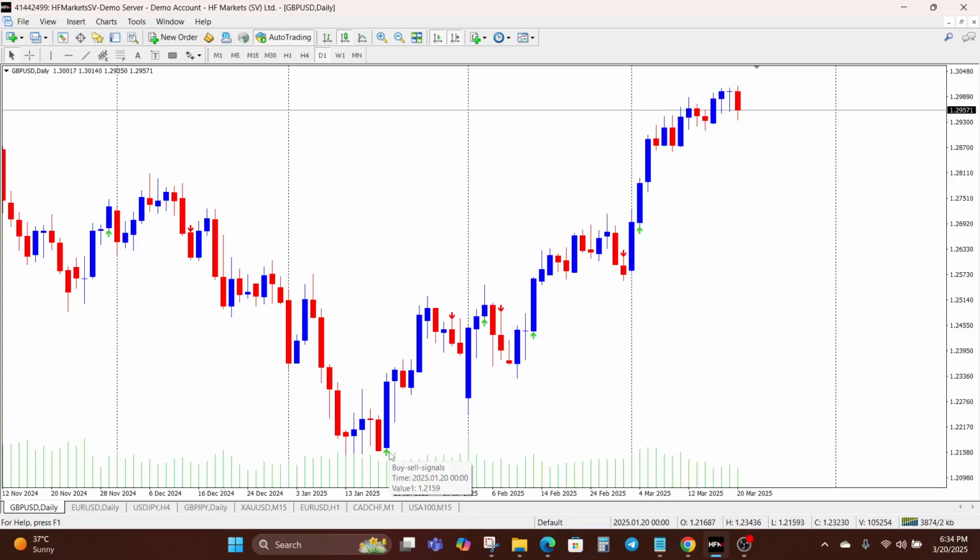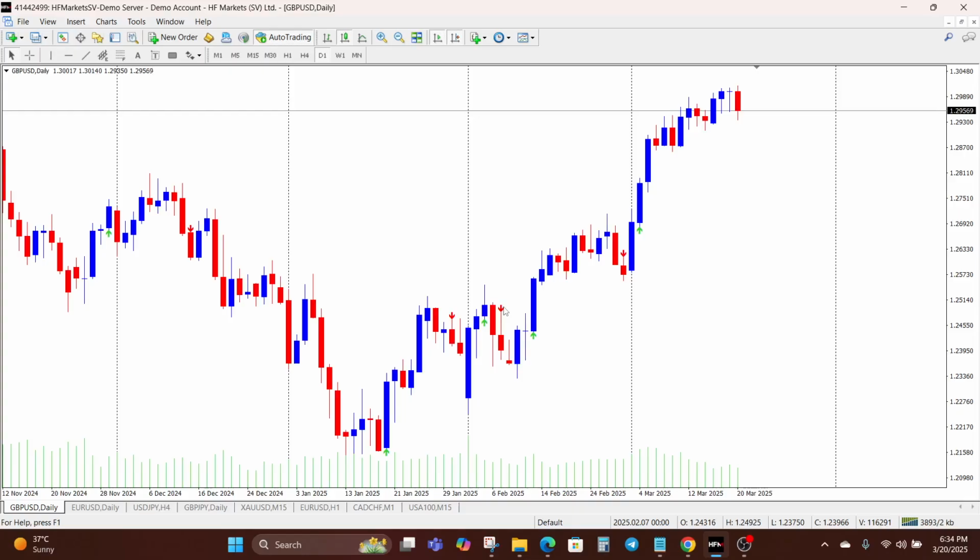These green upward arrows appear when a bullish momentum shift is detected, and the red downward arrows appear above the candlesticks when a bearish momentum shift occurs. This makes it incredibly useful for spotting trend reversals early, allowing traders to enter positions with confidence.